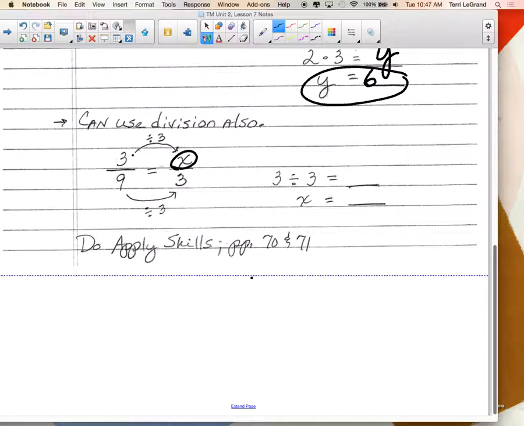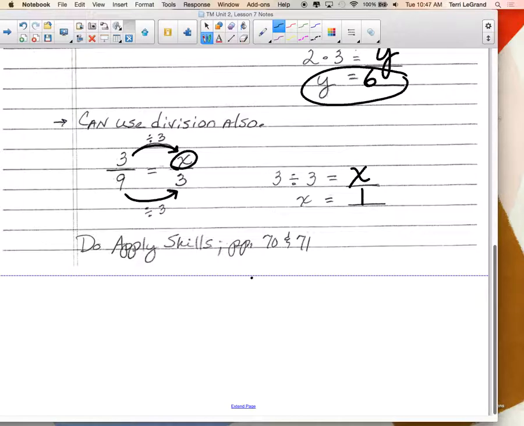We ask, what do you have to do to 3 to get x? When we look downstairs and ask, what did you have to do to 9 to get 3? You have to divide by 3. So if we divide by 3 downstairs, we do it upstairs also. So 3 divided by 3 gives us our x. So our x equals 1.